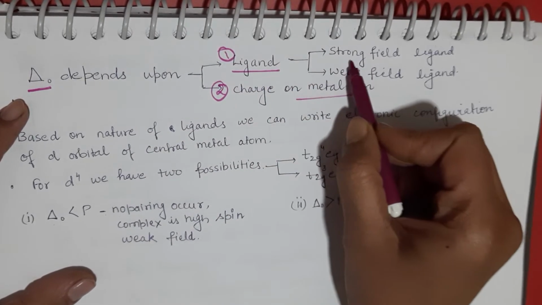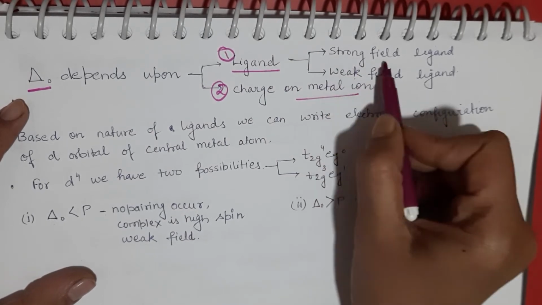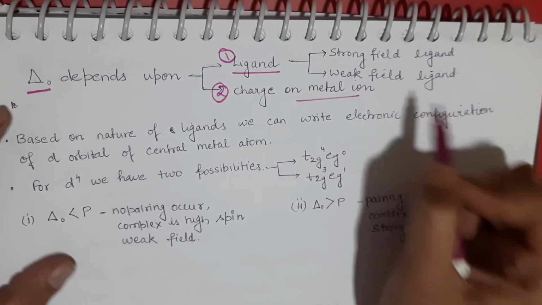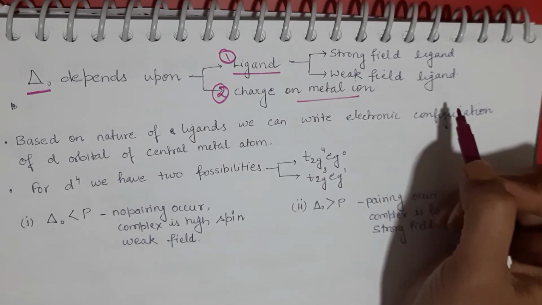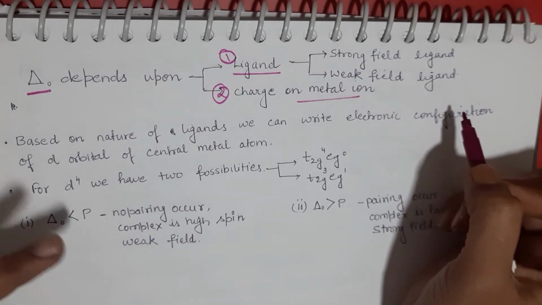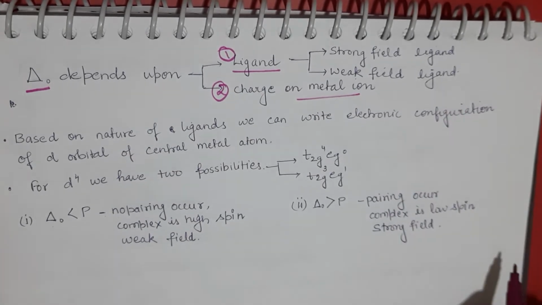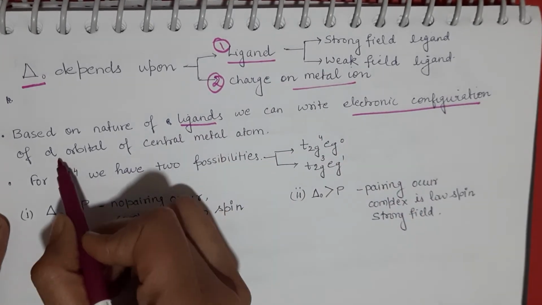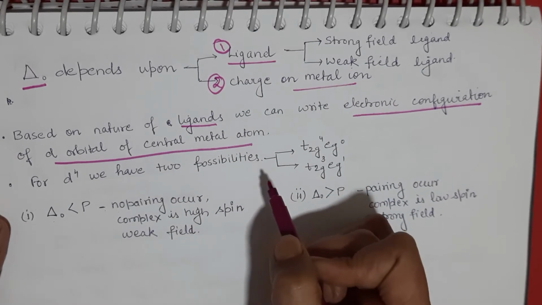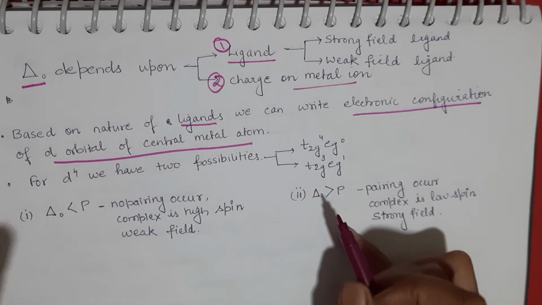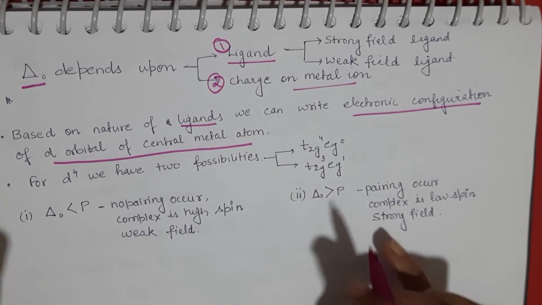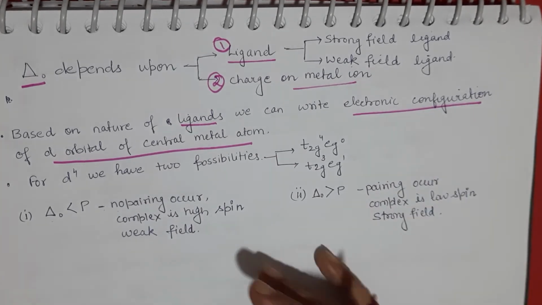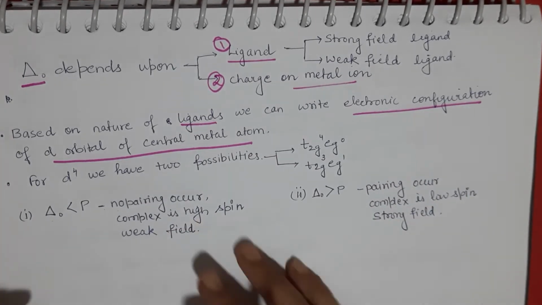In ligand, we are going to study two categories, strong field ligand and weak field ligand, as I had already told you how you can distinguish between strong and weak field ligands. Based on the nature of ligands, we can write the electronic configuration of the d orbital of the central metal atom. This type of question has been asked in your examination, so be prepared by practicing many questions like this.